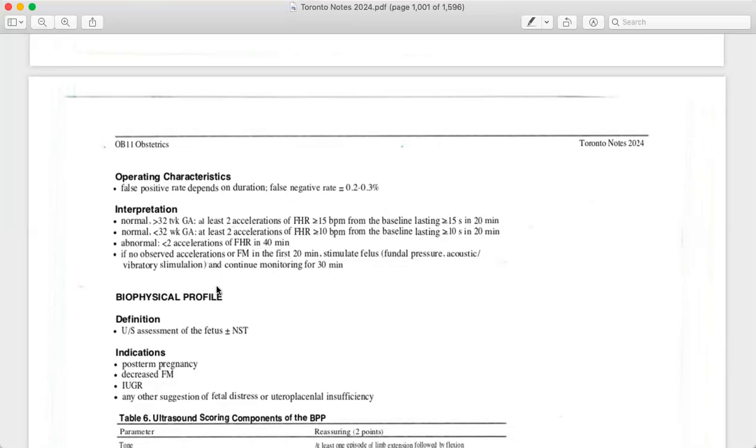So it means if you did the monitoring for the first 20 minutes and you find there is no movement or no acceleration, it doesn't mean that you are going to make the diagnosis. You might need to stimulate the fetus. So the next thing is to stimulate the fetus, not just doing something else. Then keep monitoring for 30 minutes. So you are going to keep monitoring until you are sure that this fetus is having a problem.